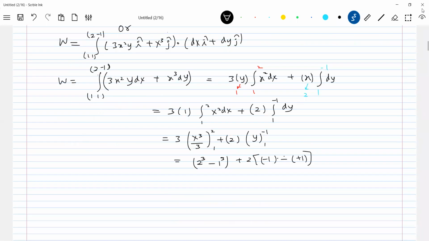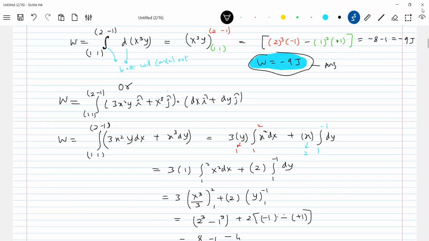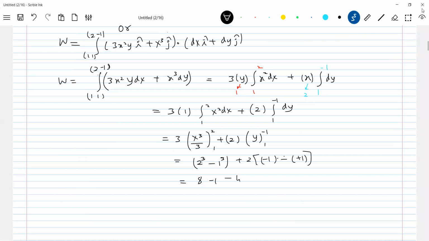Now, simplification of this will be 8 minus 1. Sir, wait, it is 2 cube, no?